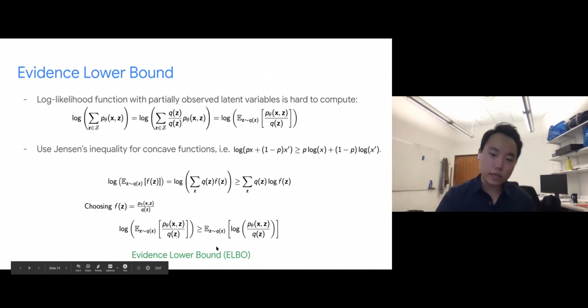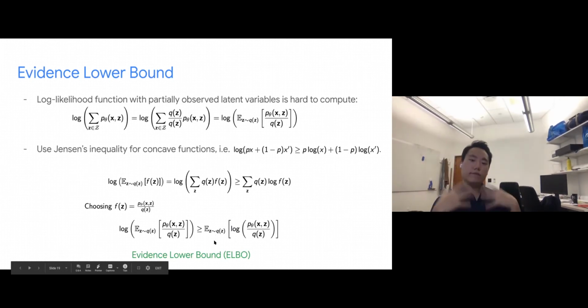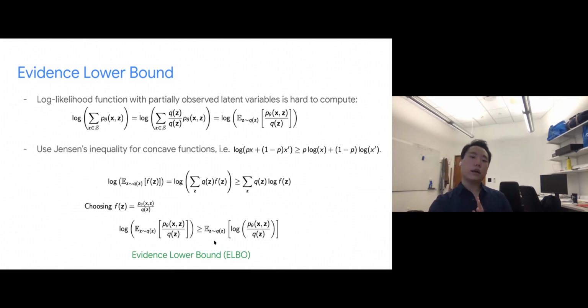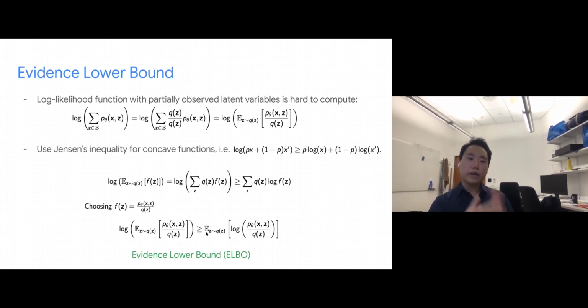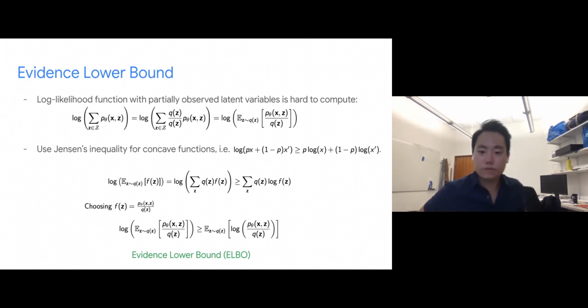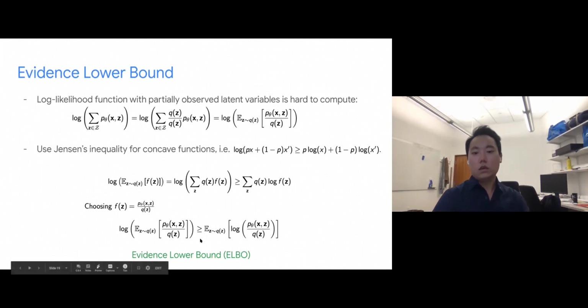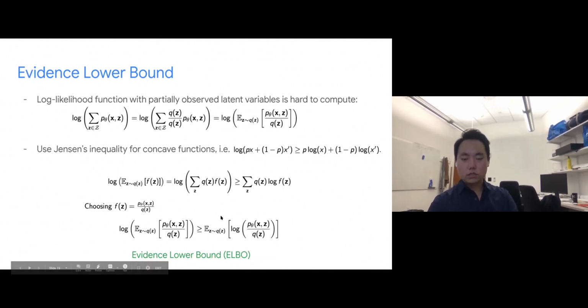Because right now we have an expectation on the outside, and if Q of Z is simple to evaluate, I can sample Z from Q of Z, evaluate what's on the inside, and convert my expectation into an empirical average. If you take enough samples, this empirical average will be a very good estimate of the true expectation. So this inequality here is called the evidence lower bound. In particular, the term on the right-hand side is called the evidence lower bound.